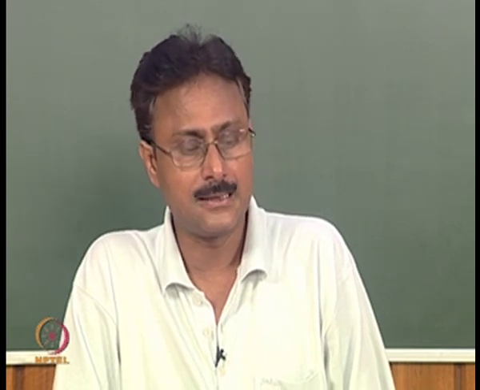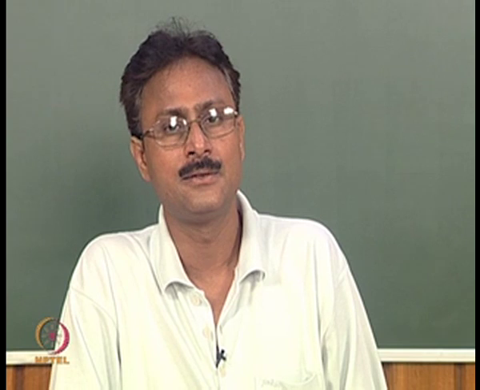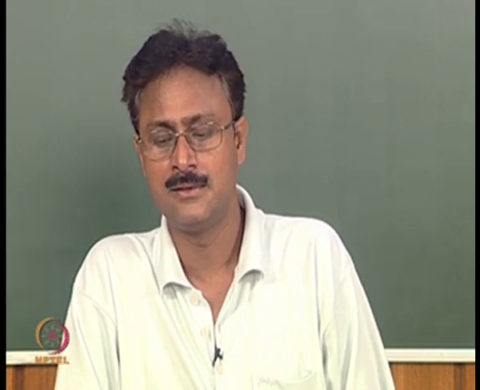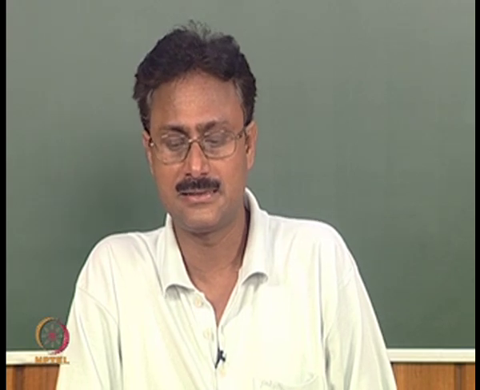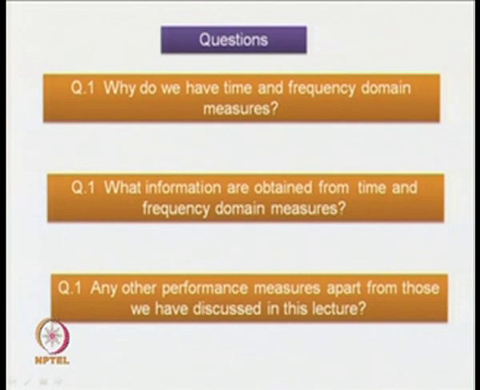Generally, controllers are designed to meet certain time and frequency domain specifications, and those are what we call time and frequency domain measures. If the question is, what information is obtained from time and frequency domain measures?